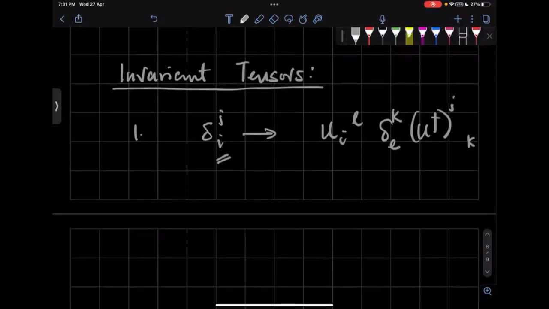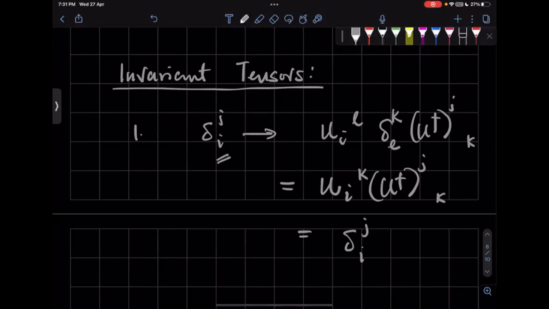But we see that we can then use the Kronecker delta to do one of the sums. So I get U_{il} becomes k, U dagger j of k. Of course, this is just U U dagger, which is the identity matrix. So I get delta ij. So we see that this is indeed an invariant tensor.